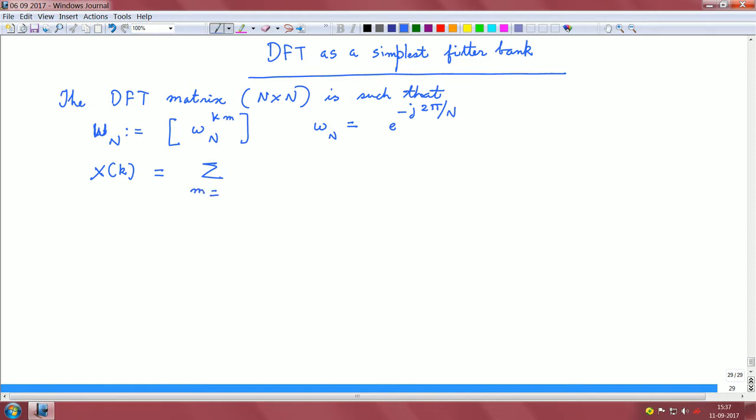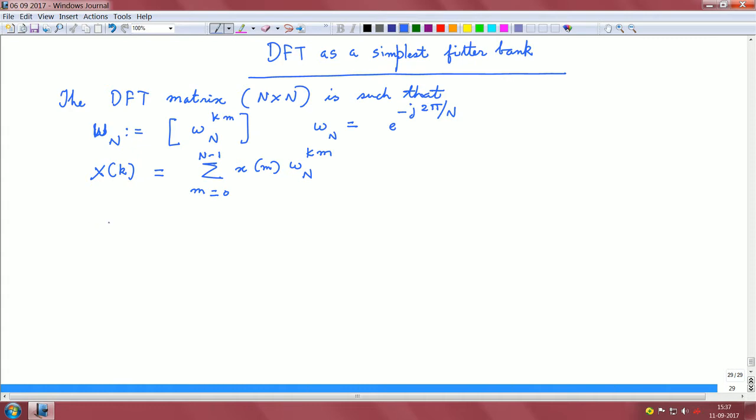X of k is summation m equals 0 to n minus 1 of x of m omega_n power km. This is a small omega power km, and this matrix comprises these elements which are small omega_n power km.